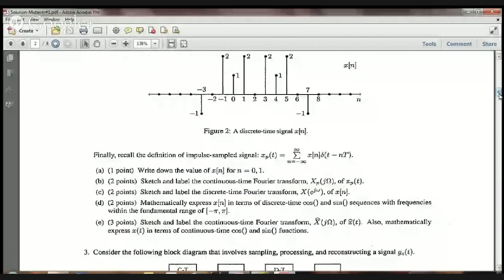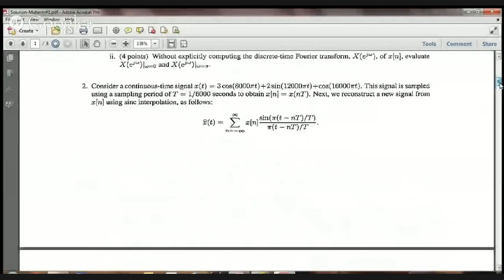So let me just share the question again so that people can remind themselves. So this is the question as we had discussed earlier. You are given 3 sinusoids, 2 cosines and 1 sine.